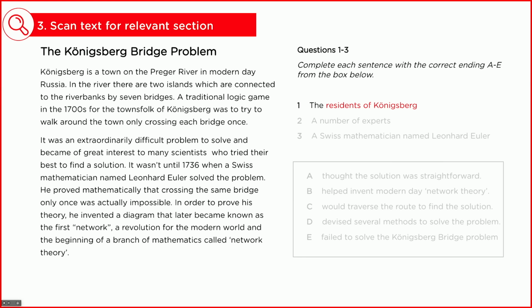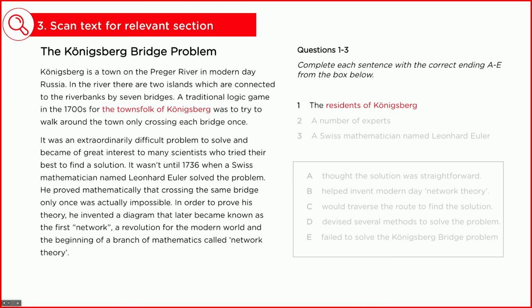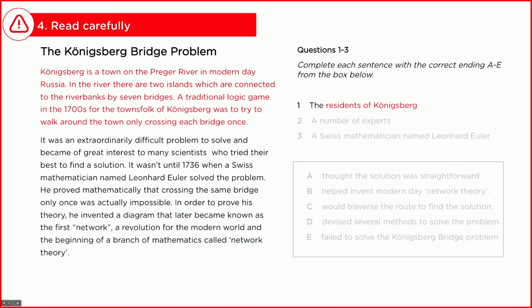Then you're going to scan the text for the relevant section, and remember that the first question will obviously be at the top. So we look closely here and we can see the townsfolk of Königsberg. That's pretty much a paraphrase of number 1 that says the residents of Königsberg. It means the same thing, so we know we're in the right spot.